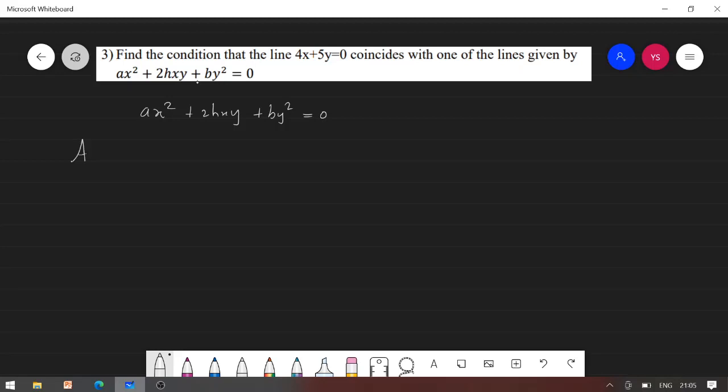Its auxiliary equation is obtained by dividing throughout the equation by x square and replacing y by x by m.